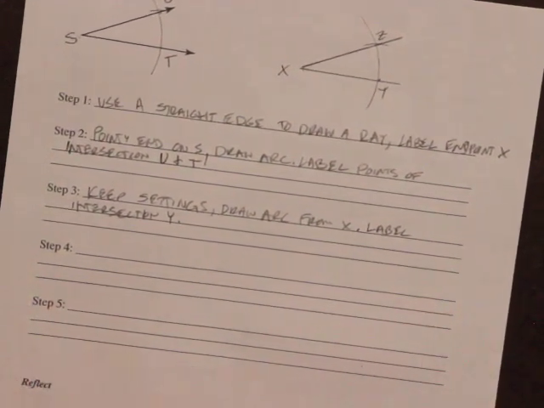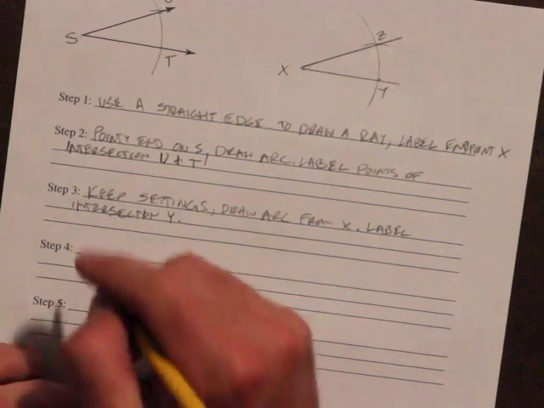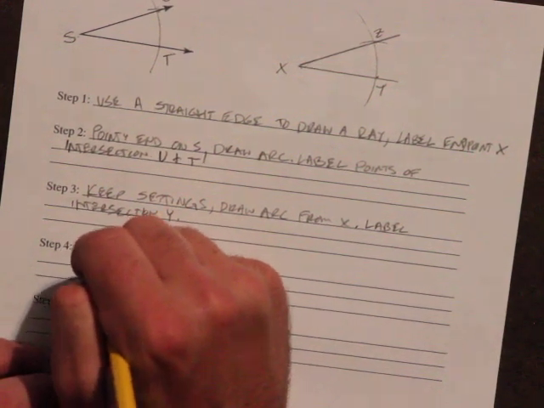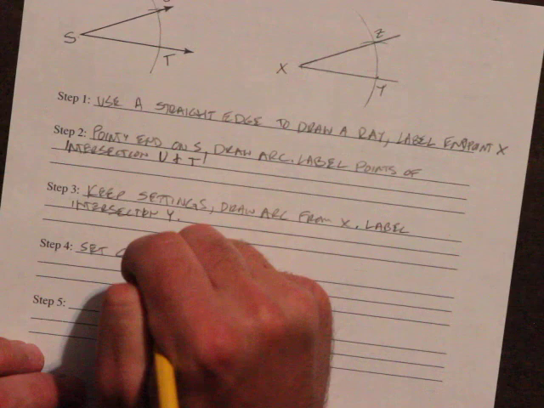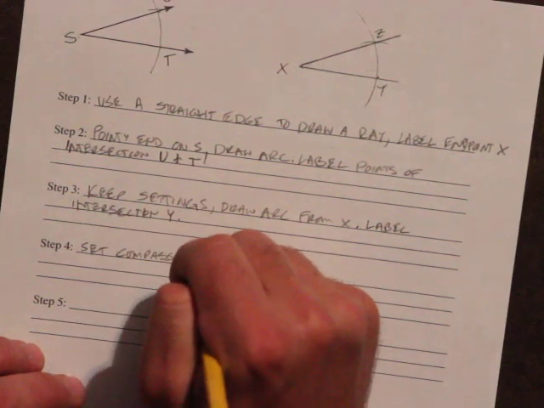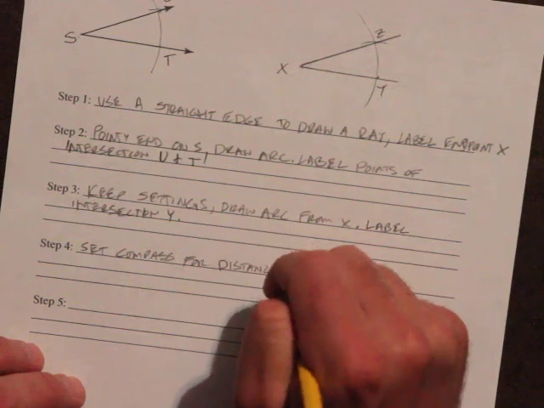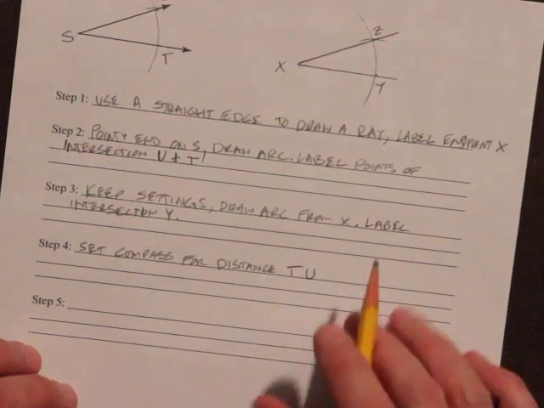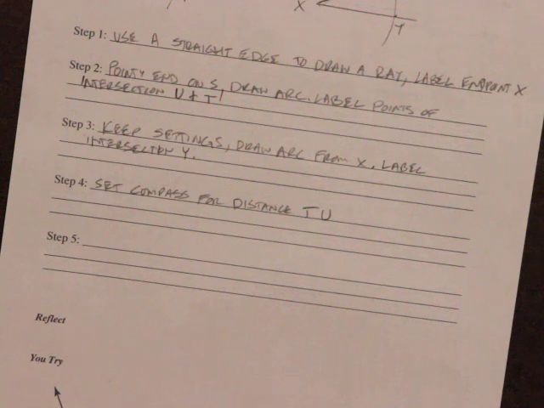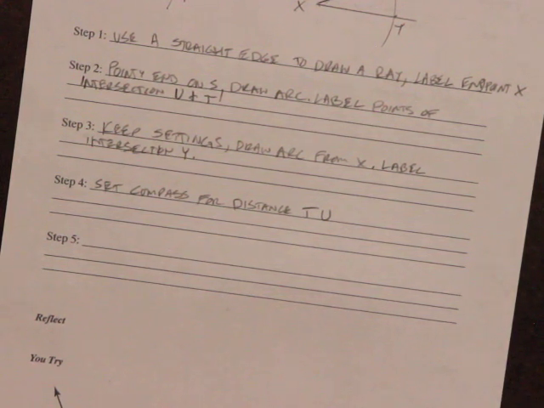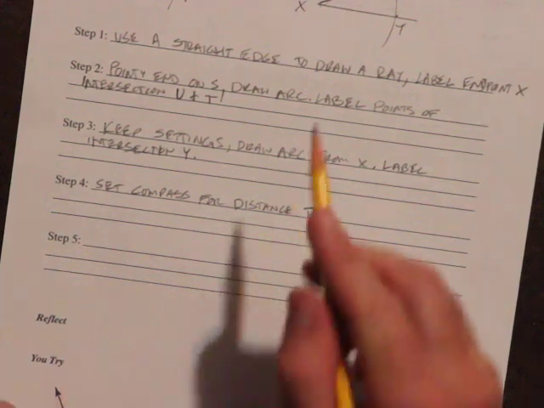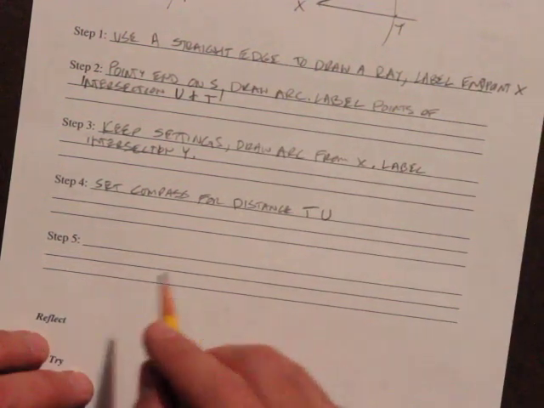Alright, step four, we set the compass for distance TU. Then we keep that setting, pointy side on Y, draw an arc, label intersection Z, and then we drew ray XZ.